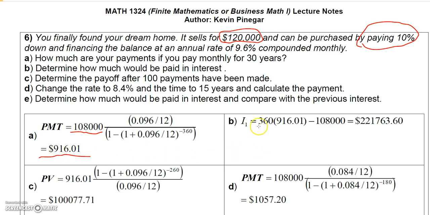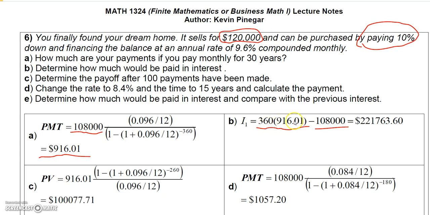Now, what's interesting is if you calculate the interest, that means you're going to pay 360 payments of $916.01. But on the other hand, if you had $108,000 cash, you could have just paid the present value of $108,000. Well, that means that instead of paying $108,000, you're going to actually pay over $300,000 over those 30 years.